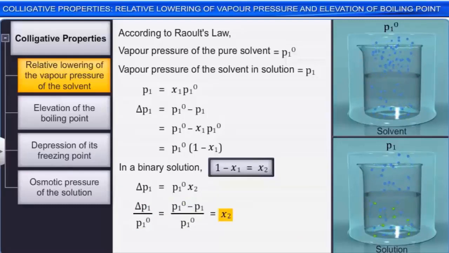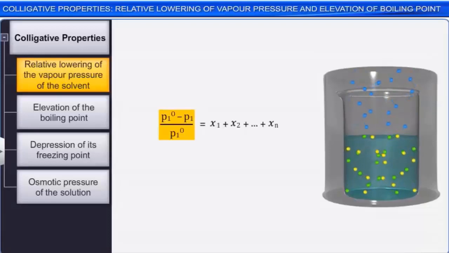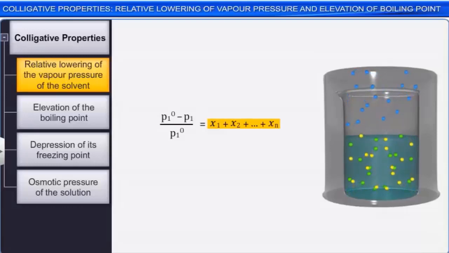Thus, it can be seen that relative lowering in vapor pressure depends only on the concentration of solute particles and is independent of their identity. If the solution contains more than one non-volatile solute, then the relative lowering in vapor pressure of a solvent is equal to the sum of the mole fractions of all the non-volatile solutes.